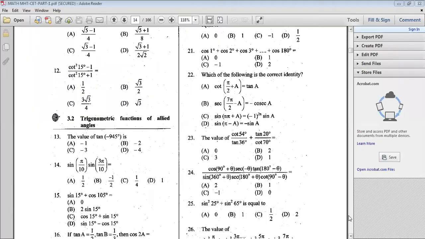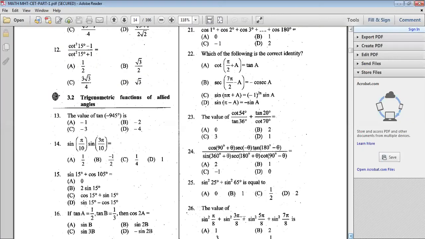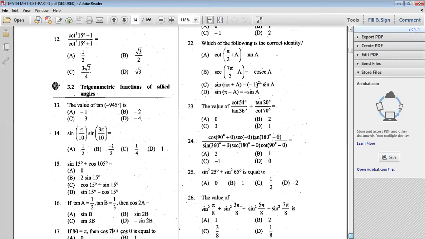Next, look at the problem number 40. Observe this. Sine pi by 10 into sine 3 pi by 10. So what is the value of this?